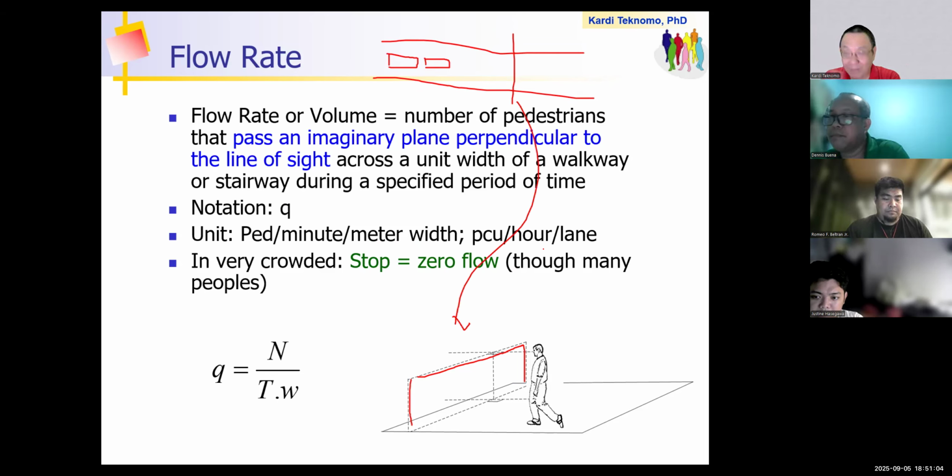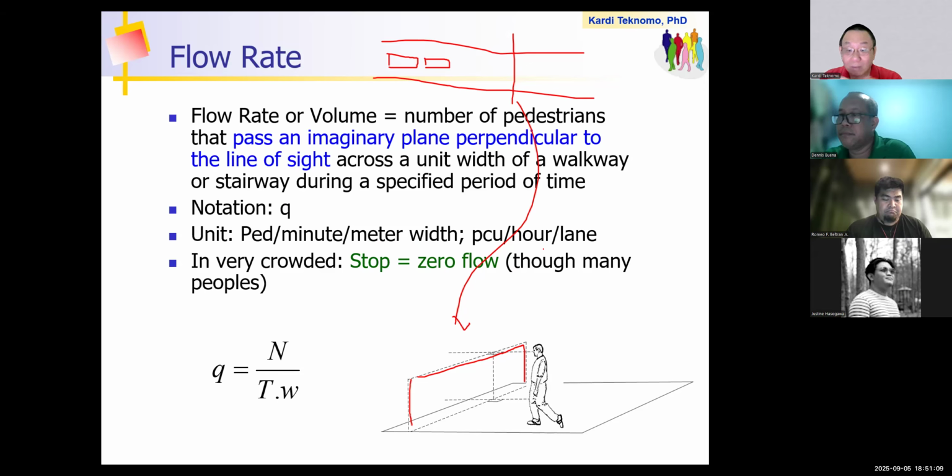So that means, this is important. If the situation is congested, the vehicle does not move, what is the flow? In the congested, in the traffic jam, what is the flow?